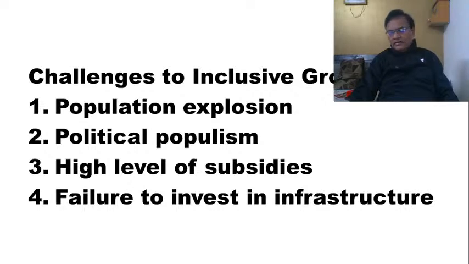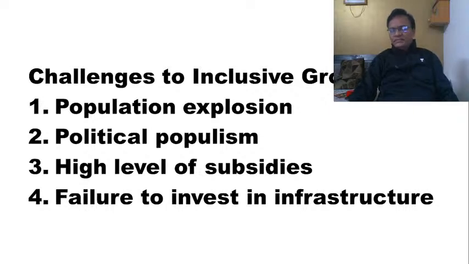Now, since the government is spending all its money only on subsidies, is there any investment by the government in infrastructure? Is there any investment in roads, electricity, transportation, warehouses, cold storage houses, education and health? Not at all.